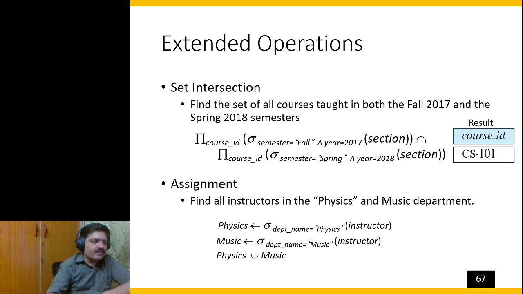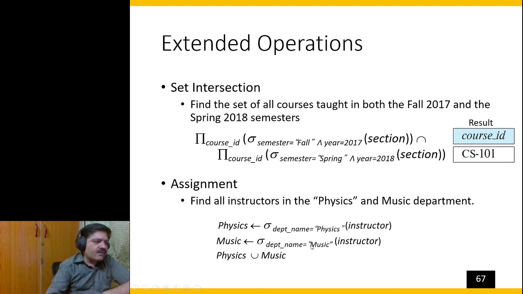to break down this expression into much simpler things like how you do in your programming stuff, let's say Python or Java. So take the instructor relation and select those tuples where the department name is physics and assign it to an intermediate relation called physics. Now think of this as a variable which you can reuse later.